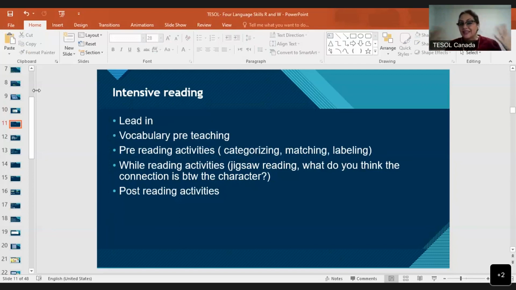And activate their background knowledge through elicitation. Ask them some questions about their experience, their knowledge. If the topic is brand new to the students, we ask them to Google something, or we can email them a short video about the topic, like talking about Japan. I mean, the text is about Japan and customs and dishes, for example, or culture, and they have no idea about Japan.